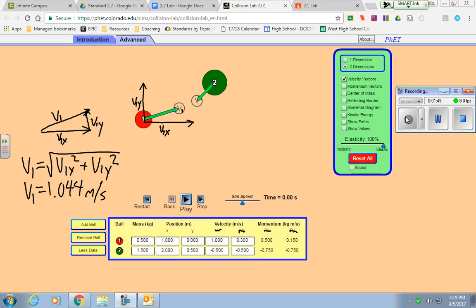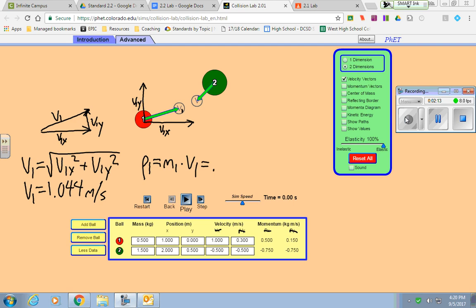Okay. So then we can use that velocity and solve for our momentum for that ball by taking the equation for momentum, mass times velocity, which in this case is m1 times v1. So let's solve for that.